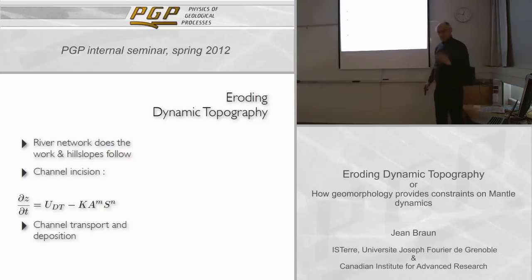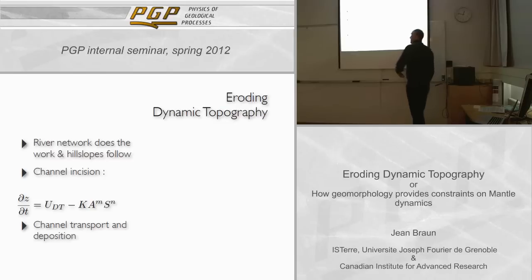And of course, there we go. I'm a physicist, so we need equations to do all this. They are relatively simple equations. And I must tell you, they have become much more complicated because now we start to look in the detail of how this works. But as I told you, the river network does all the work and the hill slopes follow. Very simplified, this is the basic equation for the evolution of the height at the bottom of a channel of a river. This is uplift due to dynamic topography, or uplift due to tectonic motion, whatever.